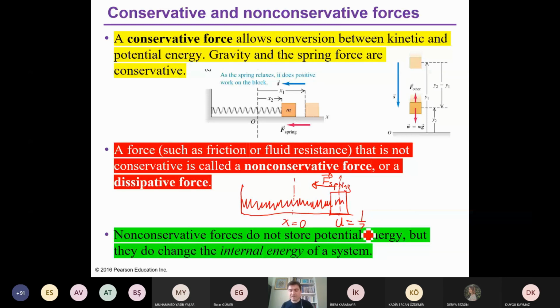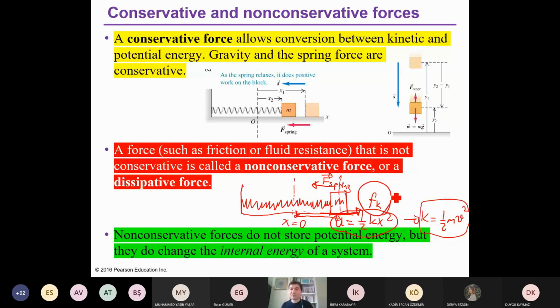And when I release this mass, this potential energy will be converted to the kinetic energy. But if we have a friction between these two surfaces, then there will be a kinetic friction here, let's say. So some part of the potential energy stored at the beginning in the spring will be converted to the kinetic energy, and some part of energy will be dissipated, will be lost due to the friction force.